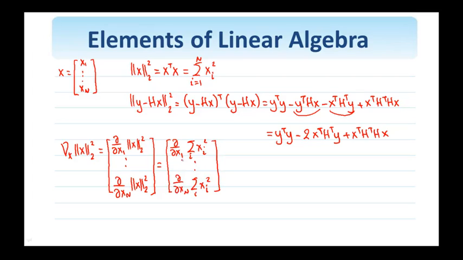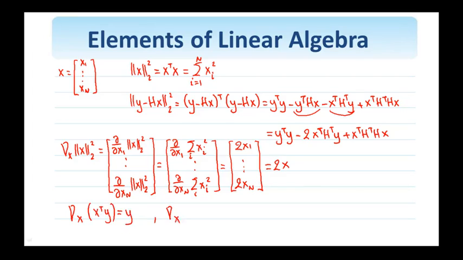Then clearly, if I look at any of these partial derivatives, there is only one term that depends on the particular x_i. So for the first, there's only one term depending on x1, so this is 2x1, down here it's 2xn, so this is equal to 2x. So applying this definition, you should be able to verify that the gradient with respect to x of x transpose y is equal to y, while the gradient with respect to x of a quadratic term here is equal to 2 times H transpose Hx.